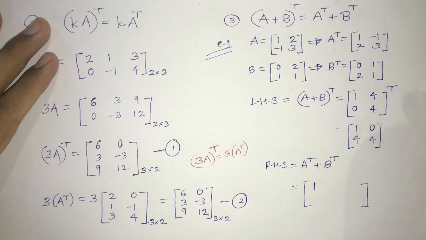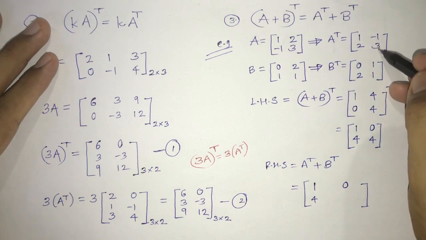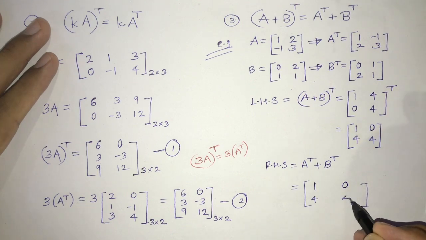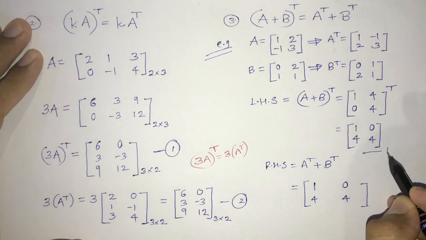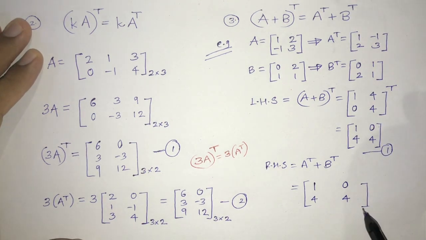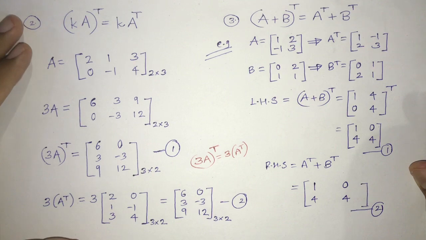Second element will be added with second element, 0. Third with third, 4. 3 plus 1 again is 4. So you see LHS is 1 0 4 4. You see RHS, that is also 1 0 4 4. So from 1 and 2 I say LHS is equal to RHS.